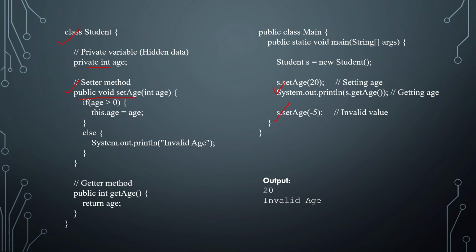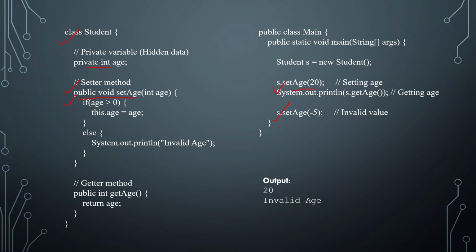Now, suppose this line executes. Which line? s.setAge will execute. When Java sees this statement, it goes to the setAge method here. After executing this line s.setAge, Java will go to the public void setAge method. Then what will it do?